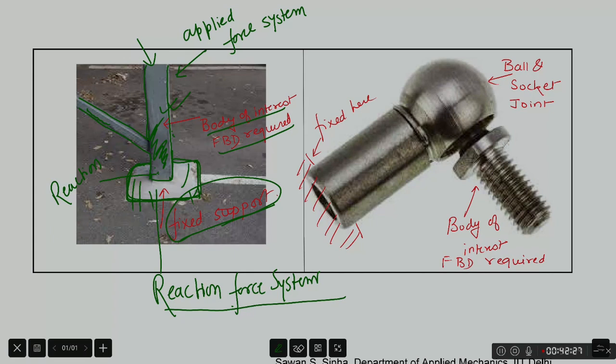So first of all, let's identify the body of interest. This is the rigid body of interest. I need to draw the free body diagram of this body. On this side, there may be an applied force system.